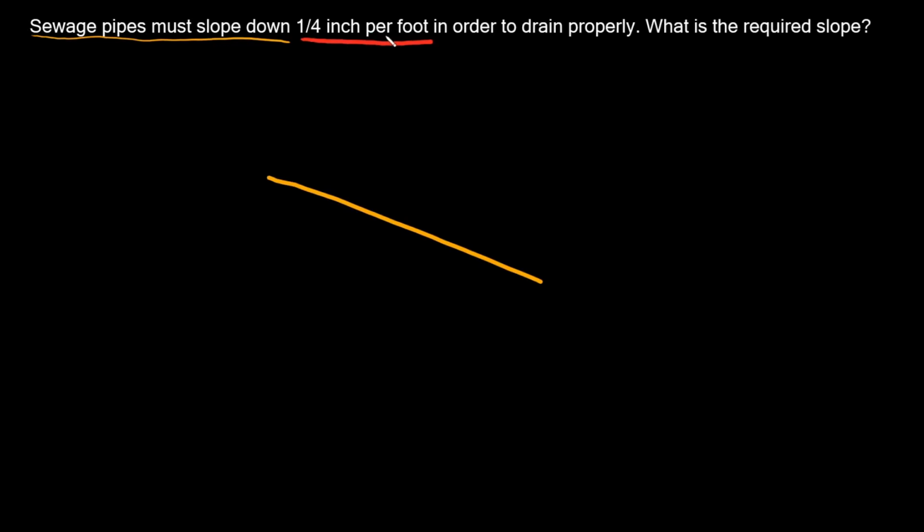Now, if you think about rates, an easy example would be the speed of a car. If I said I was traveling at 50 miles per hour, I would write that as a rate or a fraction. So if we want to convert 1/4 inch per foot into a rate, it would look like this: 1/4 inch per foot.